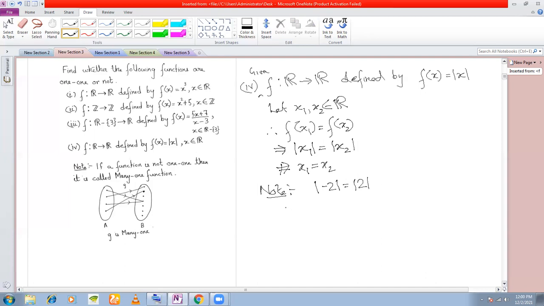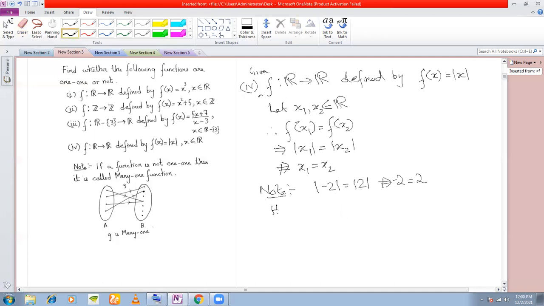Both are equal to 2. But does it imply -2 is equal to 2? That is, the inside number in the mod is equal? No. So therefore, mod x1 is equal to mod x2 does not imply x1 is equal to x2.